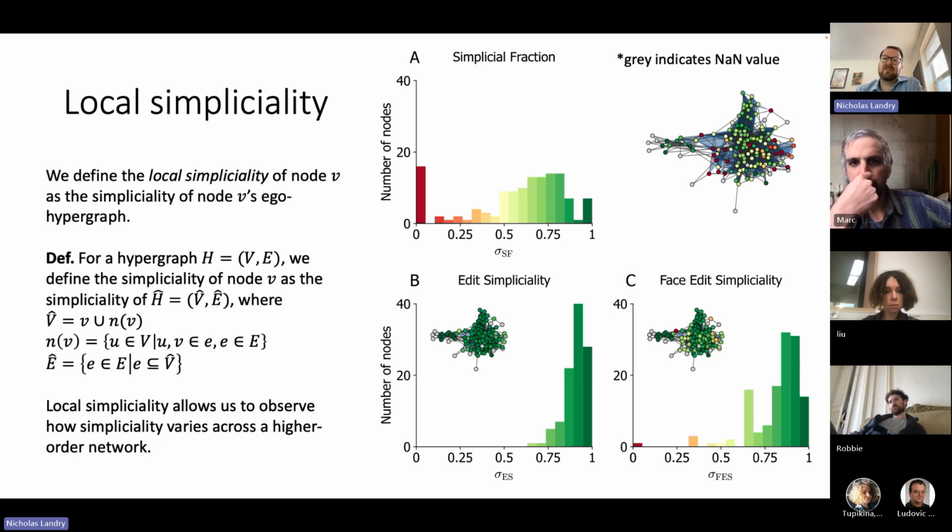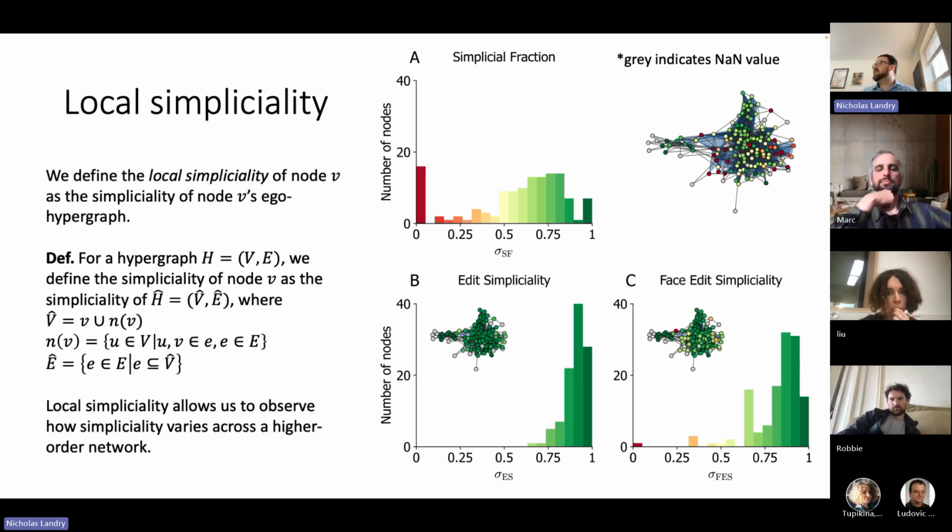Looking at this diagram here, gray indicates a NaN value. Think of that as all of its neighborhood being minimal faces, so you can't really compute the simpliciality as I defined before. And we can see that depending on my definition, it's distributed differently across the network. You shouldn't be expected to look at this hairball and decipher how simpliciality is distributed.